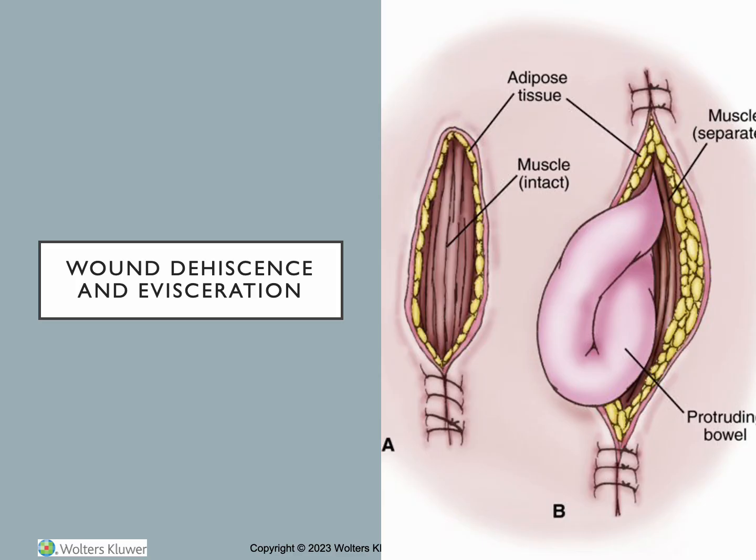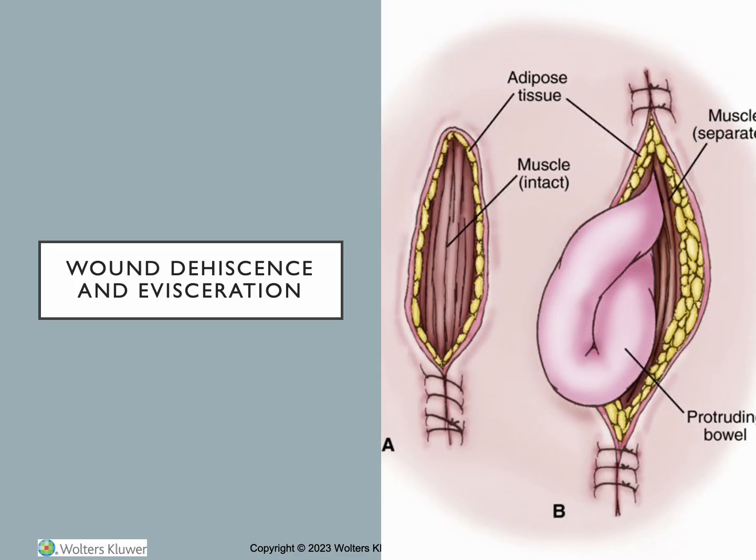This is a medical emergency. You need to stay with the patient. You need to put them in a low Fowler's position. Cover the wound with sterile moistened towels or sterile gauze, whatever you have with you. Use normal saline to make it moist so it's not just dry, but cover it with some type of sterile towel or dressing, moistened so that it doesn't stick to that bowel.